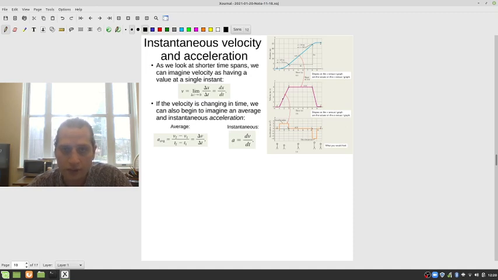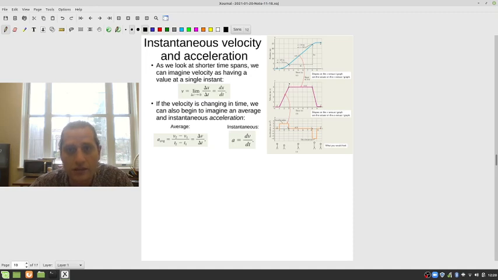However, the fact that we can look at slopes on our velocity graph gives us an idea. And that idea is that maybe we could also look at how the velocity is changing. Okay? You can think about this number as the acceleration.